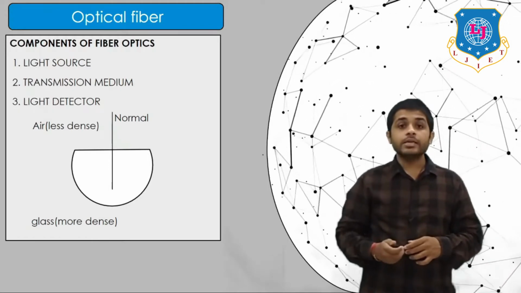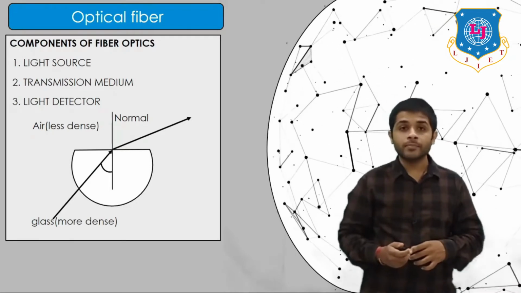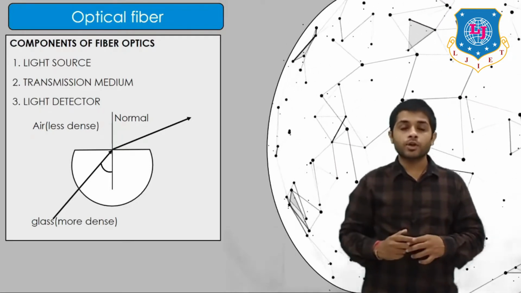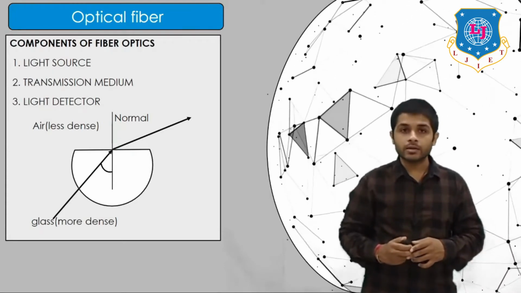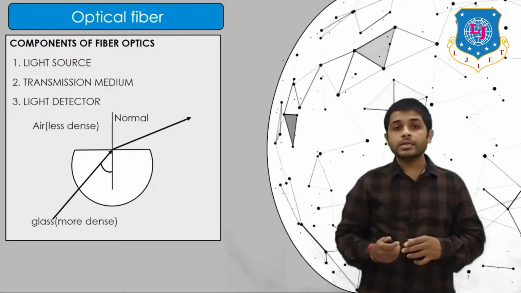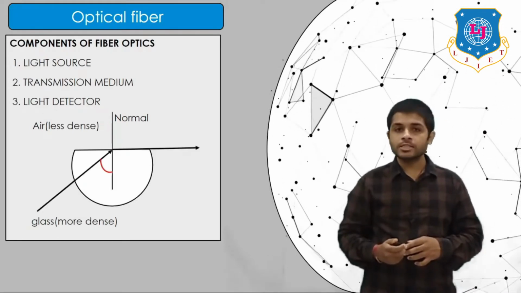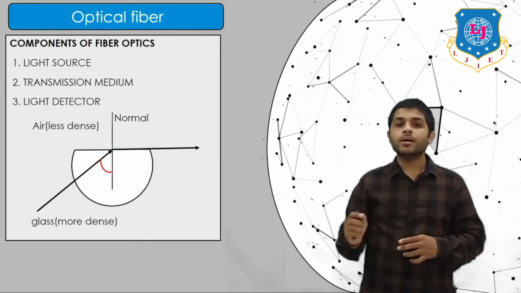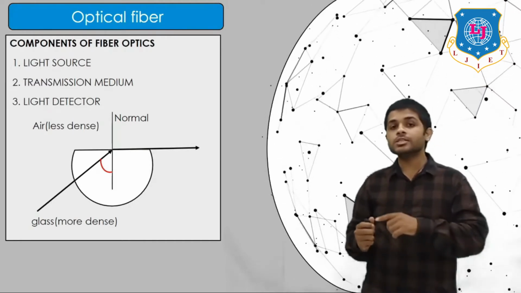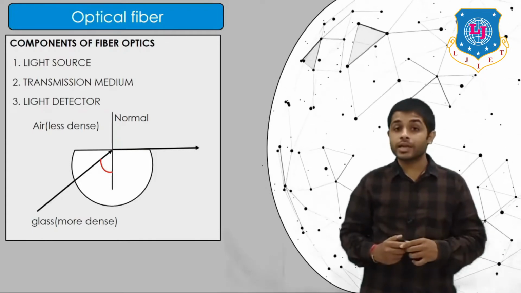When the light is passed from the glass to air, it will be moved away from the normal, and this angle is less than the critical angle. When the light is passing from the dense medium to the less dense medium at the critical angle, the light will follow the boundary between these two mediums, air and glass.